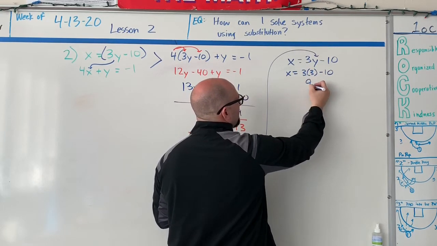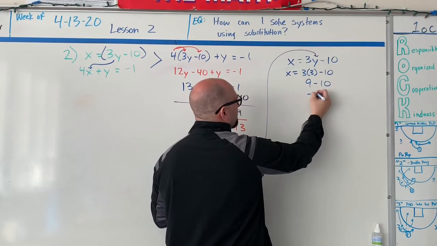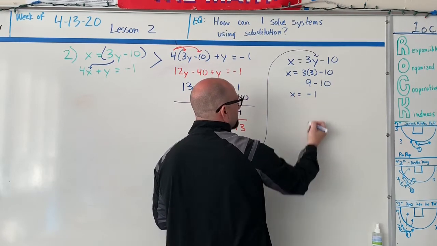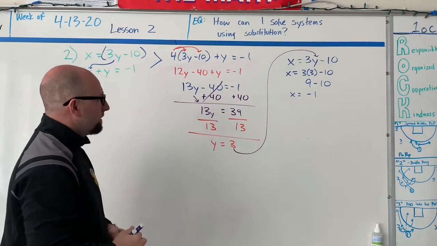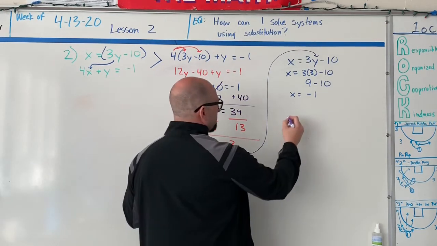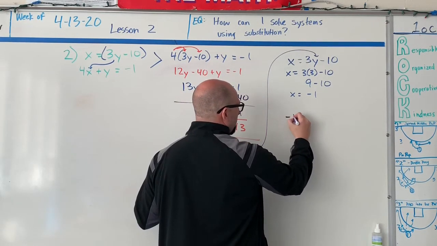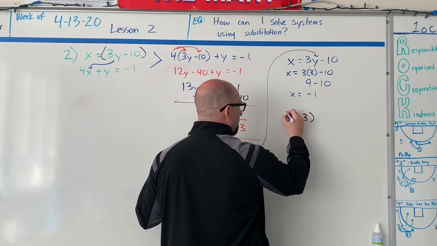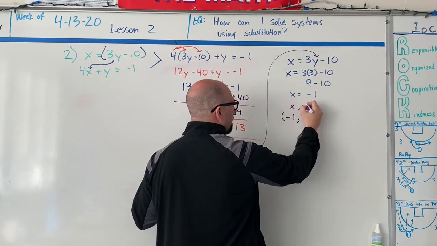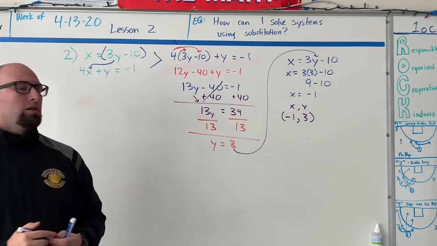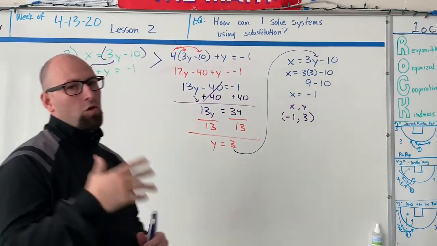Okay, that means 9 minus 10, so that's negative 1. So x equals negative 1. Okay, so our coordinate point is negative 1, 3. So just know that. Negative 1, 3 is our point of intersection or our solution.